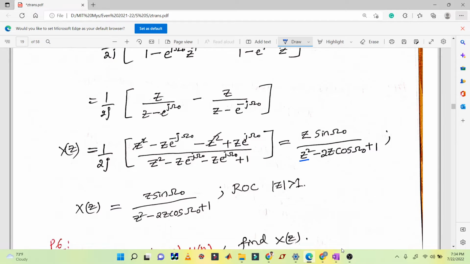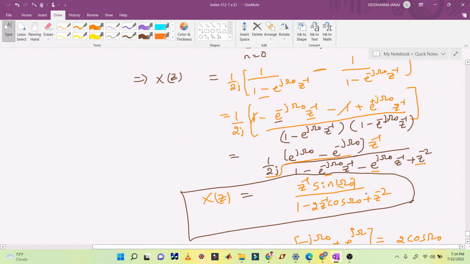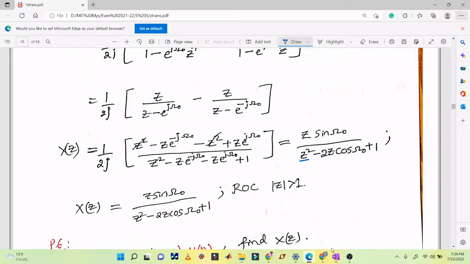Okay, as here. And z to the power minus 2 and minus 2 will cancel out. Okay, here it is simplified at the end. In the notes, z inverse is converted into z.